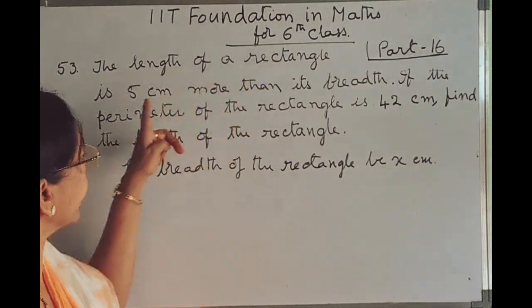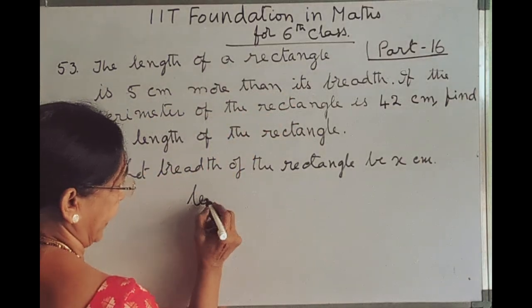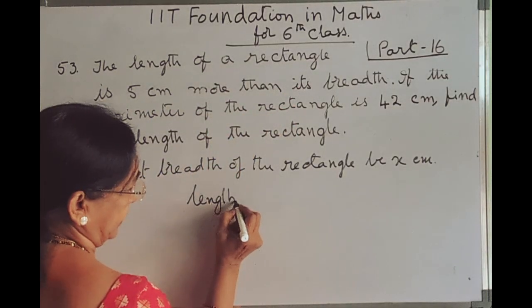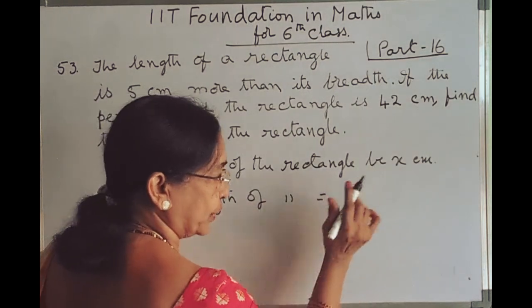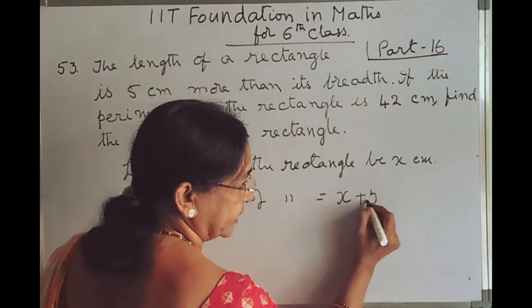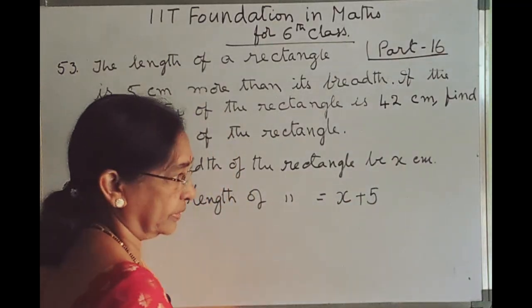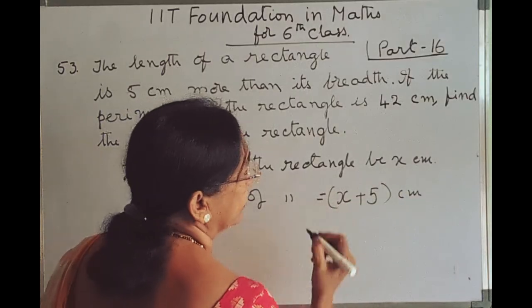The length of the rectangle is 5 centimeters more than the breadth. Therefore, length of the rectangle is equal to 5 centimeters more than the breadth. Breadth is x centimeters, length is 5 centimeters more. Therefore, length of the rectangle is x plus 5 centimeters.